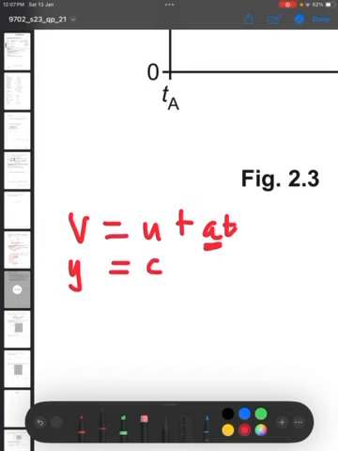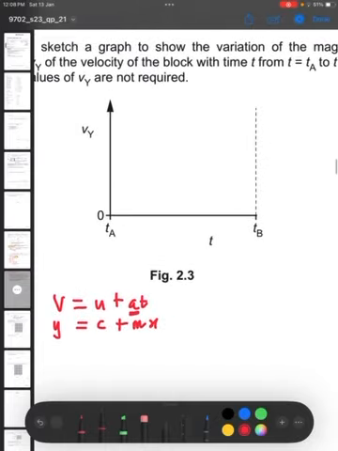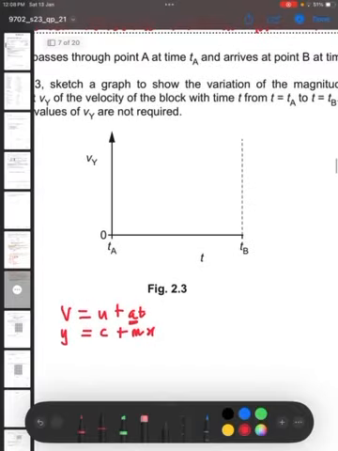Then this would be c, the y-intercept, the velocity at the time when the body is at A, plus the acceleration, which is a constant, so that will be the gradient, since t is on the x-axis. So ultimately it's a straight line graph where the initial velocity is the y-intercept, with a positive gradient, considering that this object is falling down and we are treating the velocity going down to be positive, and the acceleration is also positive going downwards.